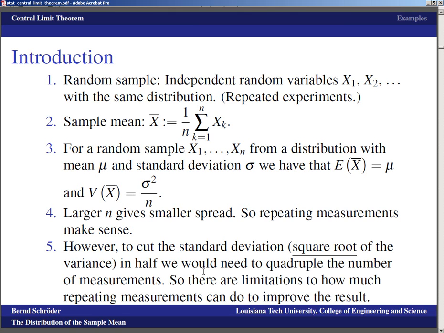That means there is a limitation to how much repeating measurements can do to improve the result. Typically, you don't repeat measurements more than 20 times or so unless you've got a really good reason for it.